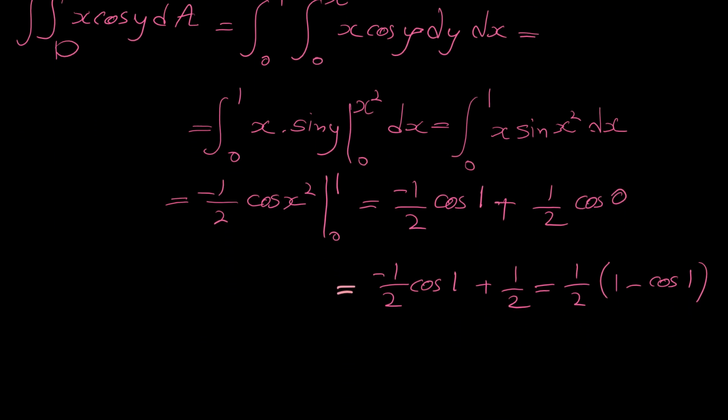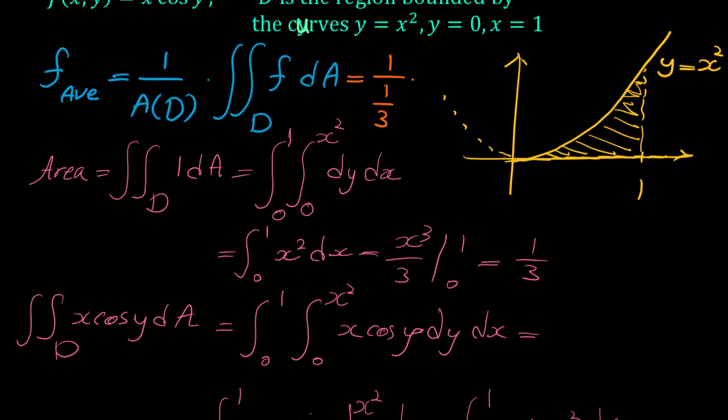What was the integral? 1/2 times 1 minus cosine of 1. 1 over 1/3 is 3. So this is 3 times 1/2, which is 3 over 2. So the average is 3 over 2 times 1 minus cosine 1.